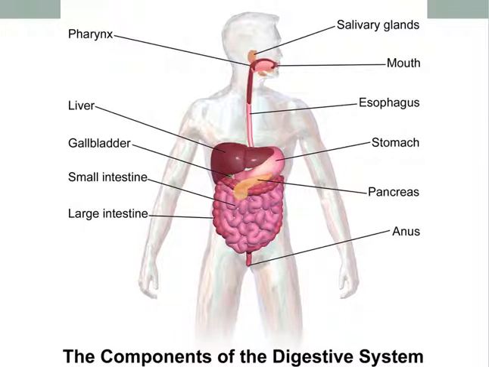It provides a direct link or a direct path between organs and consists of the mouth, the pharynx, so here we have the mouth, the pharynx, the esophagus, stomach, small intestine, large intestine, and also the rectum. So those are the key components of the digestive system, and we are going to talk about most of those today.